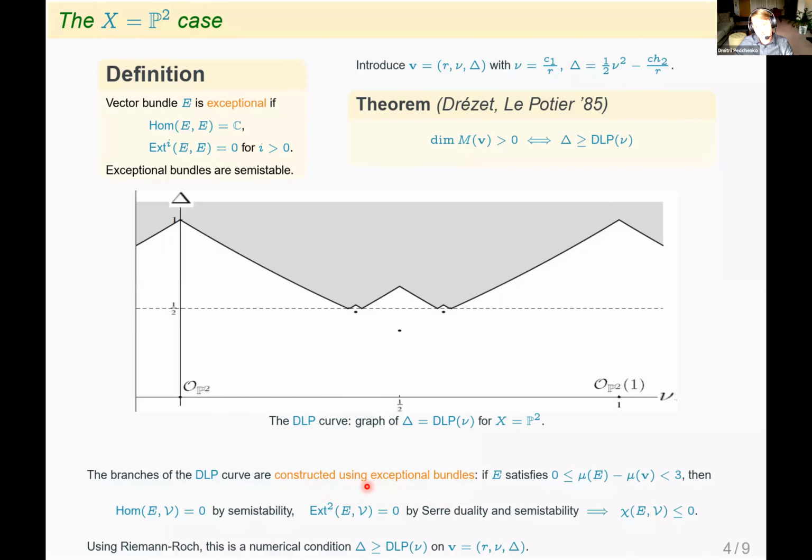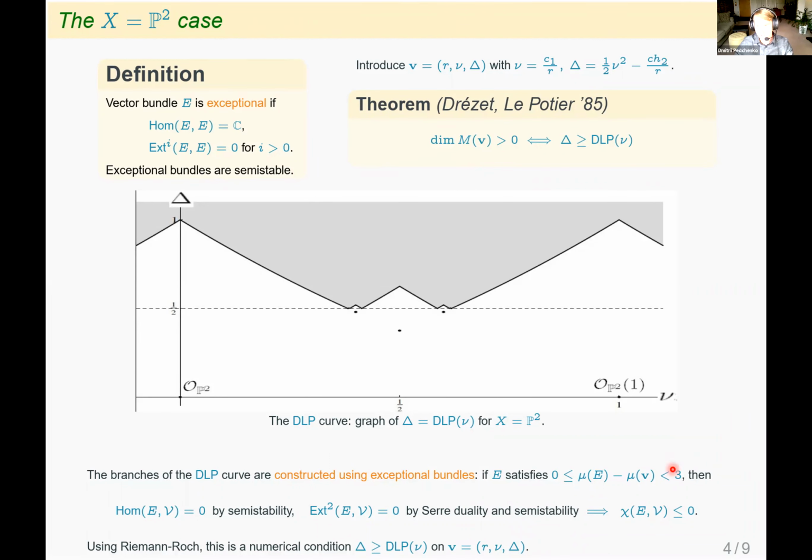And here, slightly more rigorously, I show how those peaks are actually constructed. If you find an exceptional bundle which is close, in terms of slope, to the Chern character we're looking at, so it's sandwiched like this between 0 and 3, then you actually have two vanishings. Hom from E to V vanishes by the semi-stability of both E and V, and the fact that the slope of E is greater than the slope of V. Then Ext^2 also vanishes by Serre duality and semi-stability.